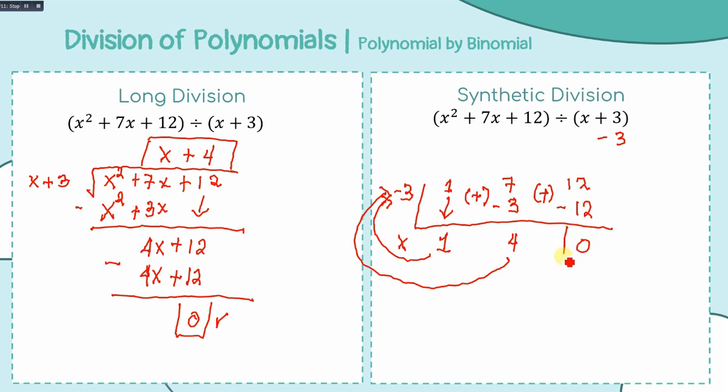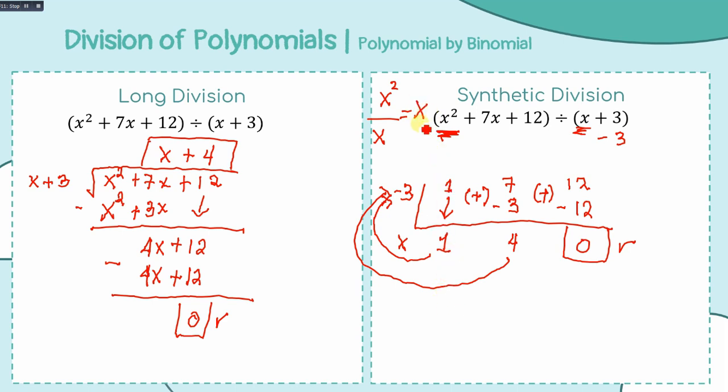Okay, and then again, to identify the degree of terms, we have to divide the first terms of the dividend and the divisor. So this will become x squared divided by x. So we have the x. Okay, so x is the degree of the polynomial of the first term.